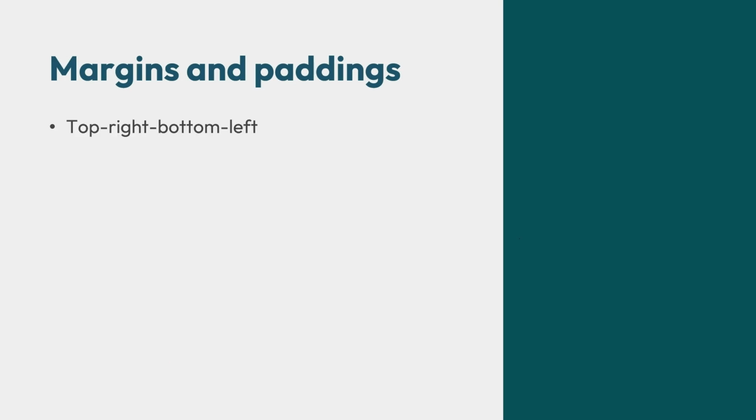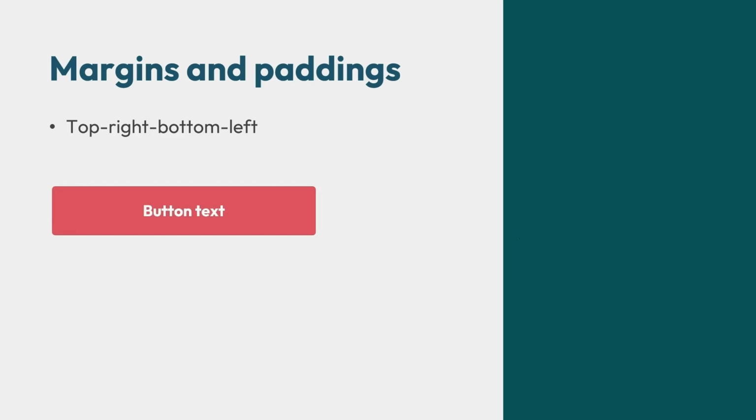Now, how do we define margins and paddings? We use 4 values, and the order of these values is top, right, bottom, and left. So for example, again, let's use our div button text. We are using the class pink button. We are again using a selector A because let's imagine that this is a button, which means that it is a link.